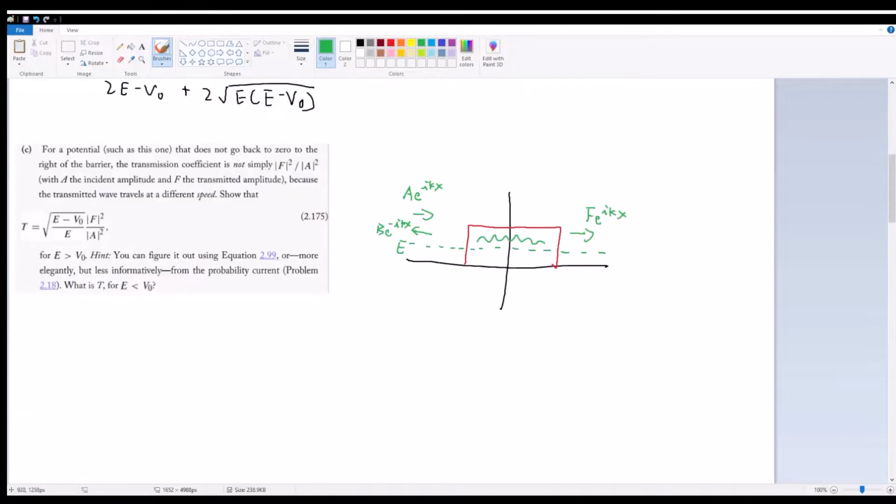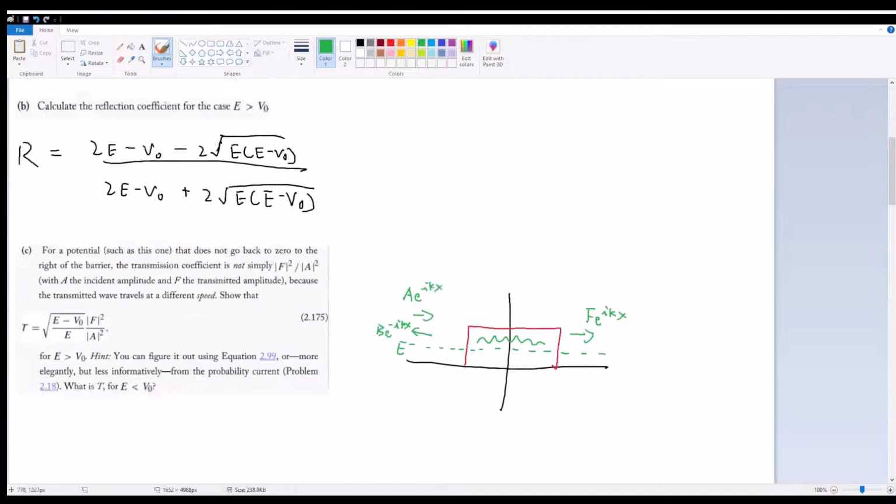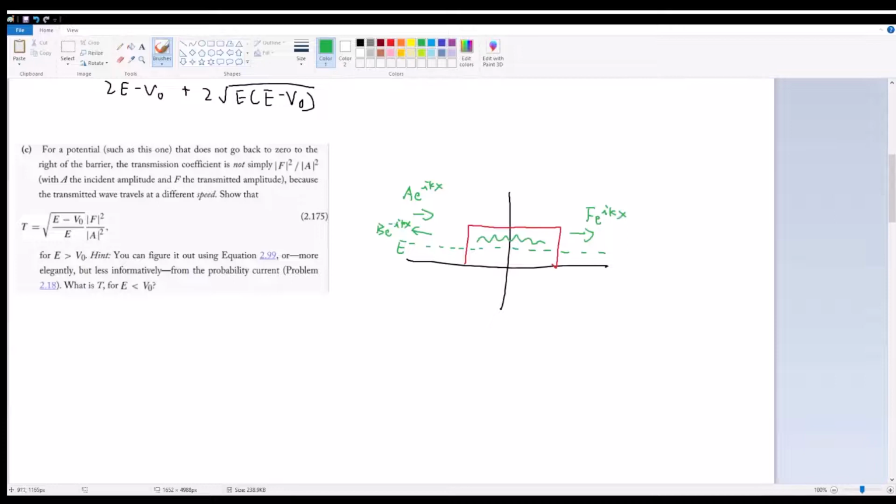So the problem is that this calculation does not assume that the medium is different. It sort of intrinsically assumes that the speed is always going to be the same, because if you remember, the actual separable solution, psi of x comma t, is defined as psi of x times phi of t. And all of the information that's included in the speed of the wave is included in phi of t, because this gives us something like e to the vt.